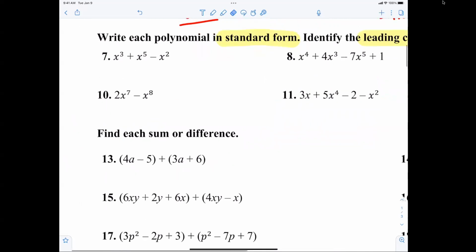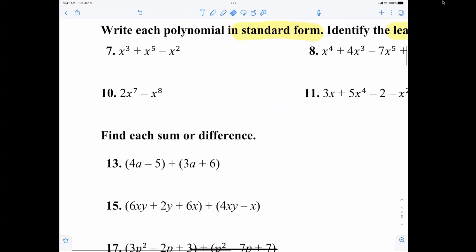So here we go. Standard form, largest exponent to smallest. I've already taught you that last year in pre-algebra. You always write things in descending order. Largest exponent to smallest exponent. So number 7, how do I write that? X to the 5th plus x cubed minus x squared. That is standard form.